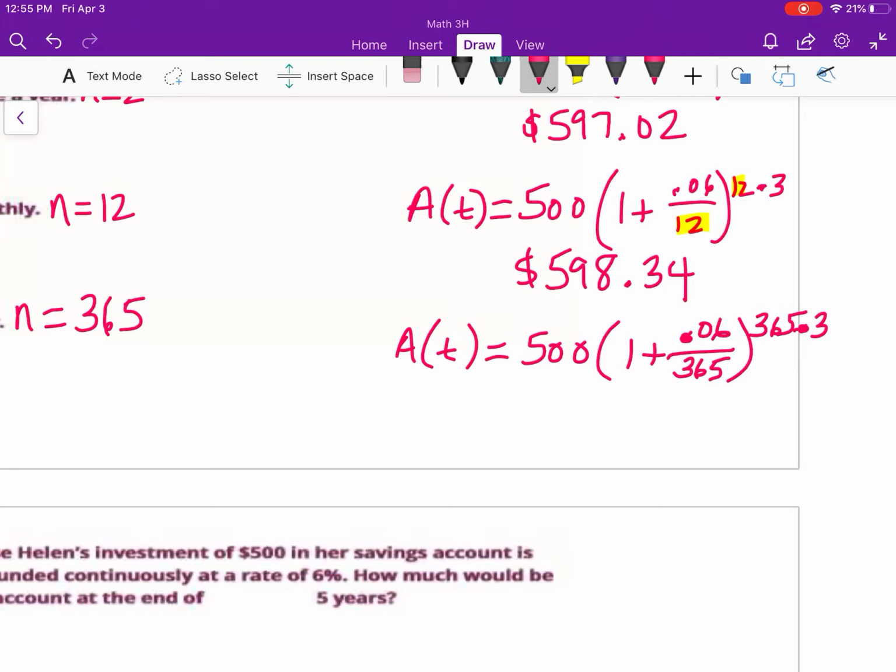Give me 1 second to type this in. Oh my God, this is so slow. My calculator keys are like bricks, you guys.